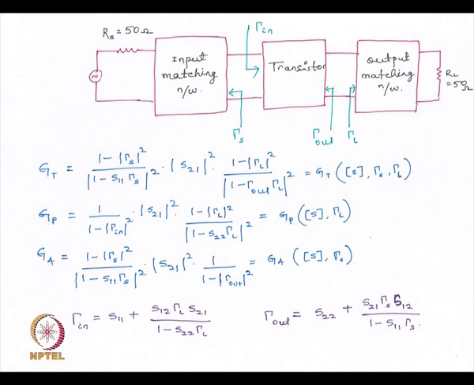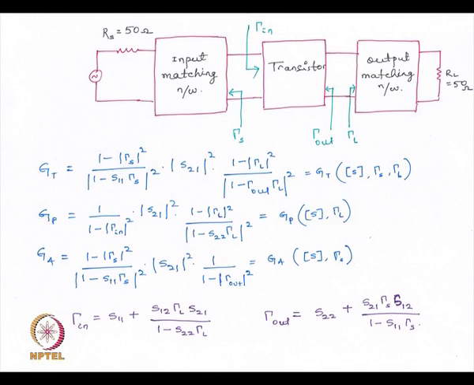That is, this is an expression in terms of gamma out. Gamma out depends on gamma S. Since only gamma S and gamma out are present in the expression for GA, GA is purely a function of gamma S, and therefore we have no restrictions on RL. So, we can independently fix RL and ZS.